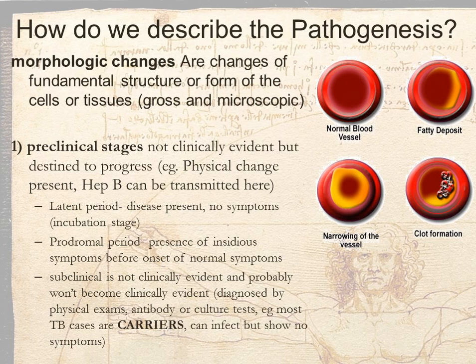So the example of blood vessels, up in the top corner, you can see a normal blood vessel, nice open lumen. And then you start depositing fats along the edge, it causes morphological change. You start accumulating those plaques, your immune system starts attacking the plaques, and it just causes one problem after another after another. And we'll talk about the pathogenesis of that, how each of these steps happen too. But they cause these changes.